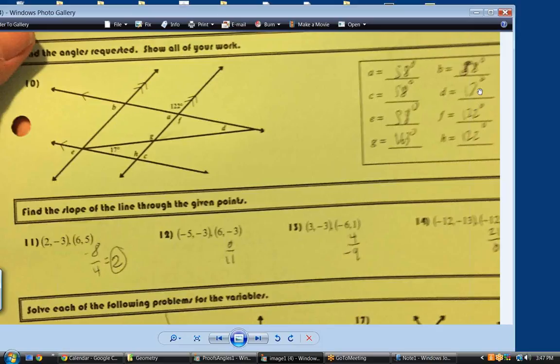Let's see, D. Well, how do we get D? I'm not sure. Start with the fact that this is the triangle.